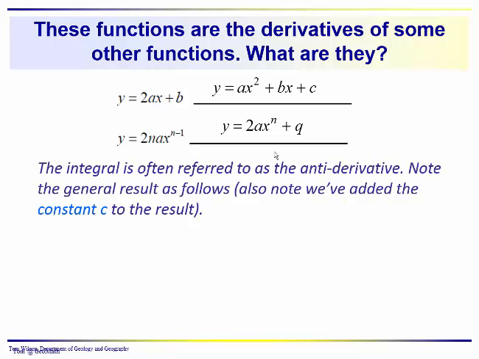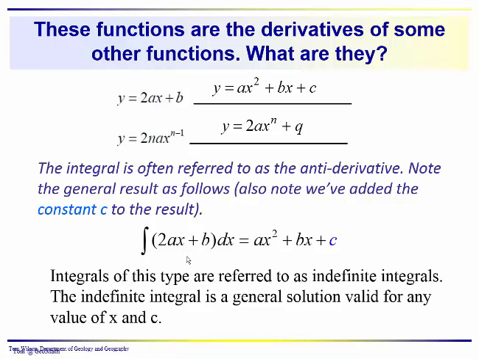We have to keep that in mind when we're integrating. There's some information that we don't know. The result that we have is not exact. The best that we can do is say, whatever it was that we differentiated to get this, which I'll just mention now is called the integrand. This is the integral sign, and this is the typical way of writing an integral.